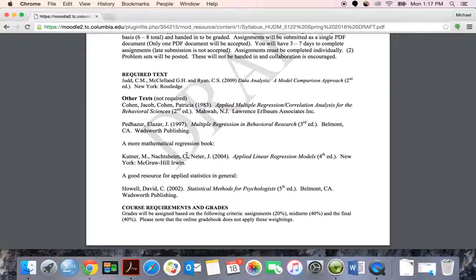In addition, the David Howell book is quite good as a reference stats book if you're going to be working with quantitative methods quite a bit. It's a good book to have on the shelf. You'll see in the course itself that there are also some good SPSS textbooks out there, as well as websites.